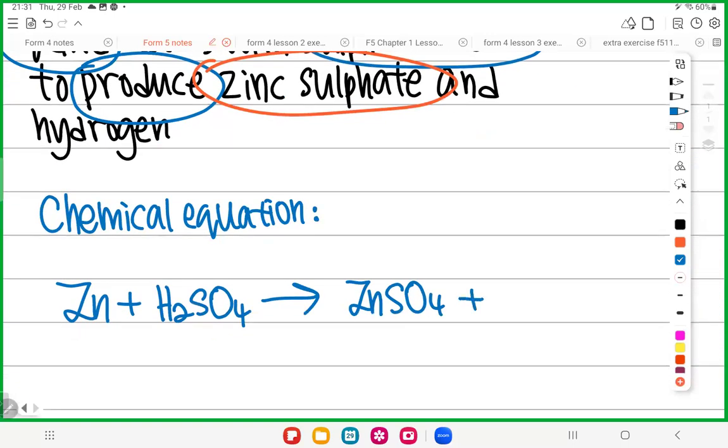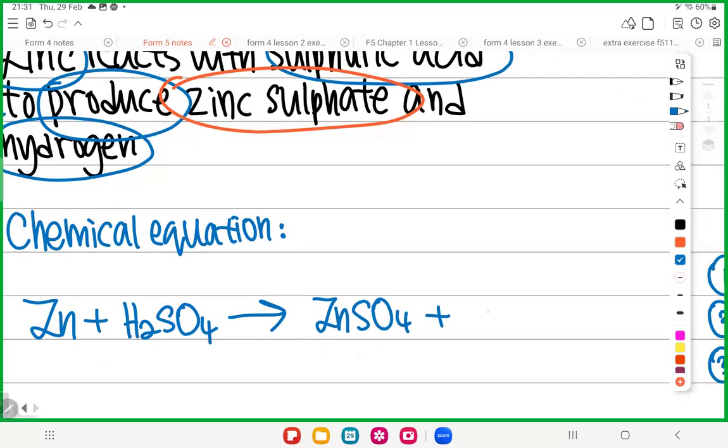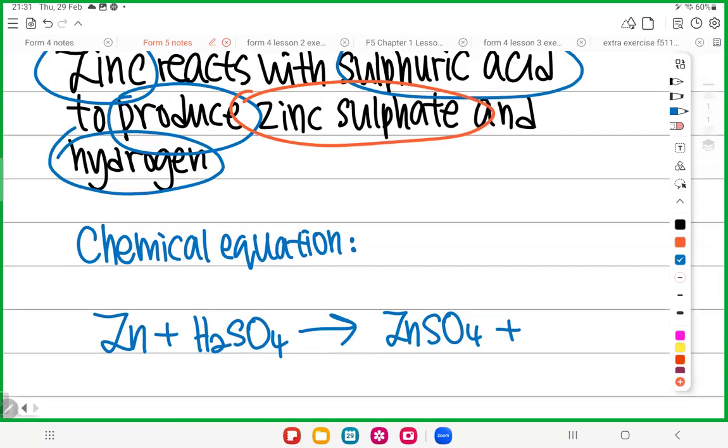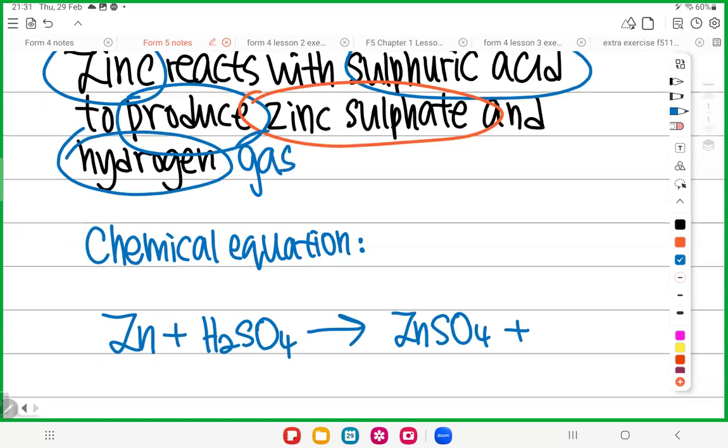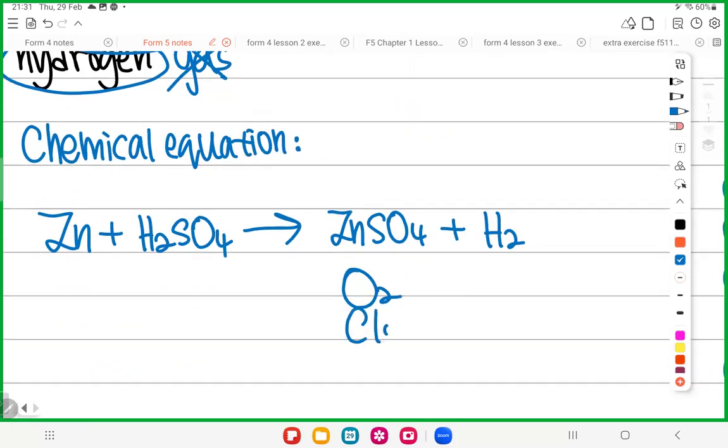Lastly, what else? Hydrogen. Hydrogen is a gas. Although they don't put a gas here, you should know hydrogen is a gas. Most of the gases are diatomic: oxygen gas, O2, chlorine gas, Cl2, nitrogen gas, N2, hydrogen gas, H2.